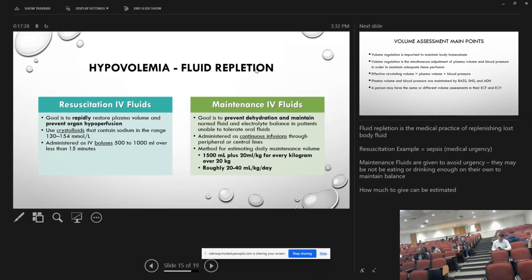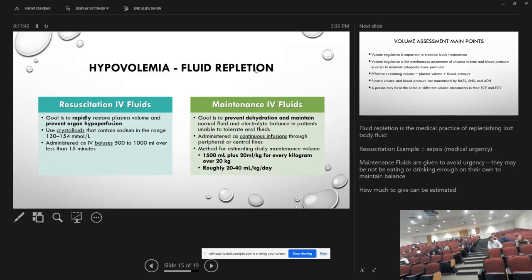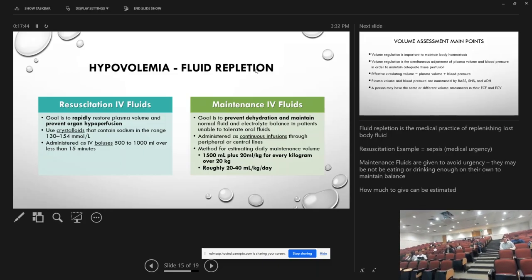We would typically bolus those crystalloids. So maybe 500, a liter of crystalloid solution over a short period of time, so over 15 minutes. That's called a bolus. So what you're doing is putting it through an IV catheter in the patient's vein and rapidly infusing this crystalloid solution to restore the intravascular volume.